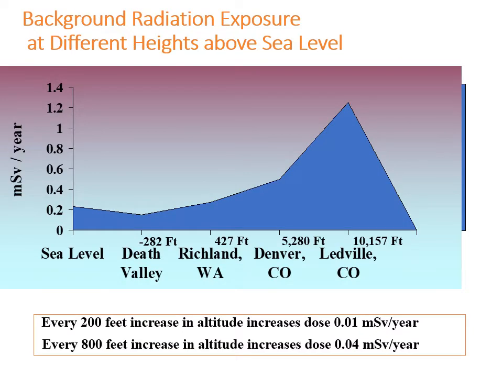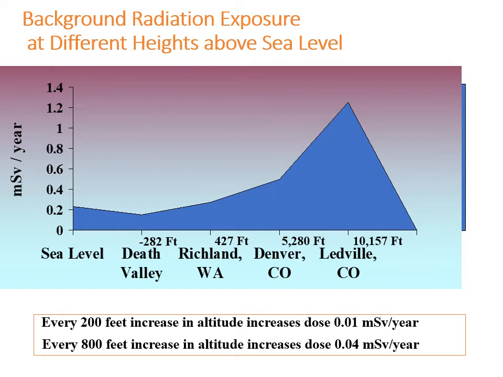Again, thinking about where you live, how high above sea level that you live. Now here are some locations in America. If you lived at sea level, you would on average get a dose of about 0.22 millisieverts a year from just living at sea level. If you live in Death Valley, that's below sea level, so you get even lower dose.